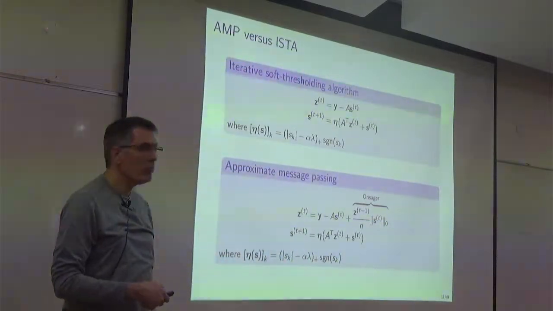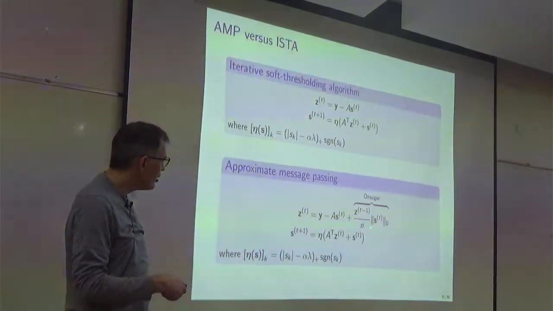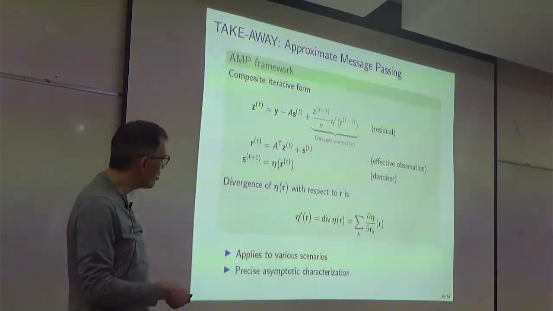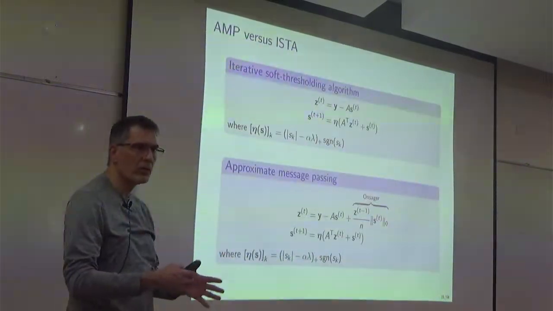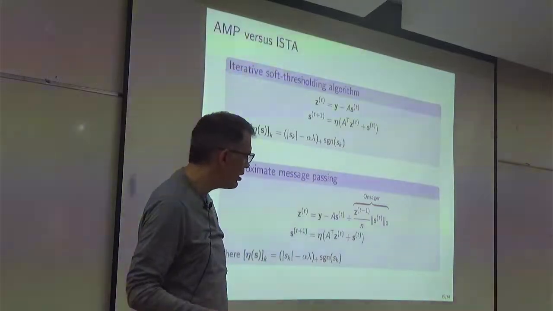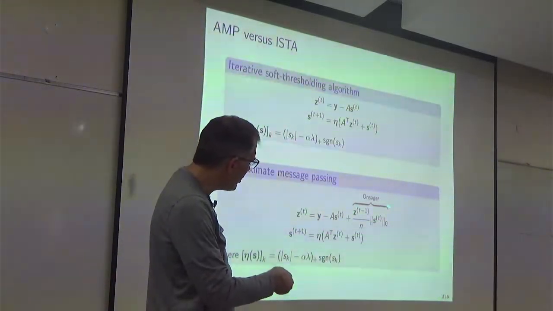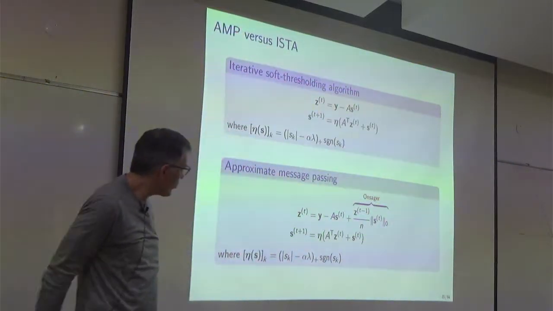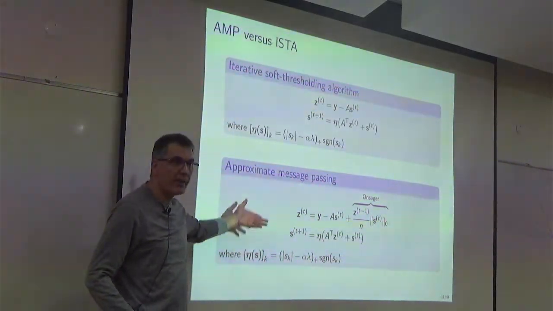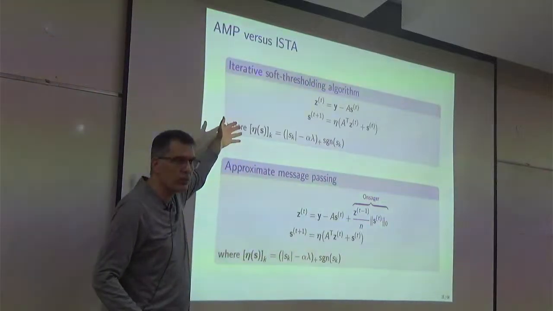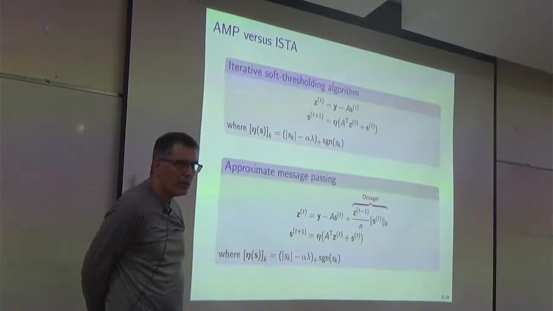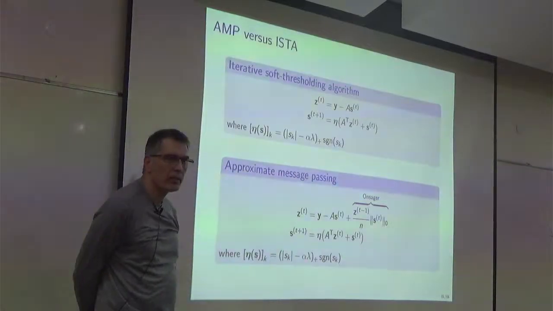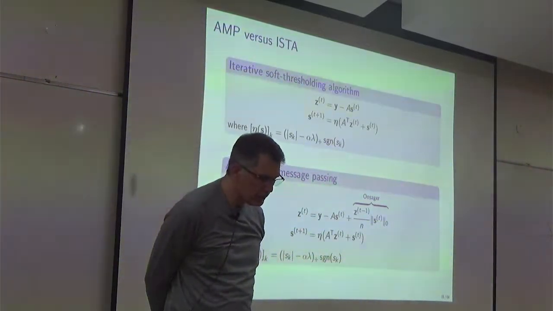The div, and you can see the n is over here, so it depends how you define it. Yesterday I put the n with the computation of the div, but you get this term here that should be very familiar. So it's as simple as that. This is the approximate message passing version of the ISTA algorithm. So I want to ask you a question.